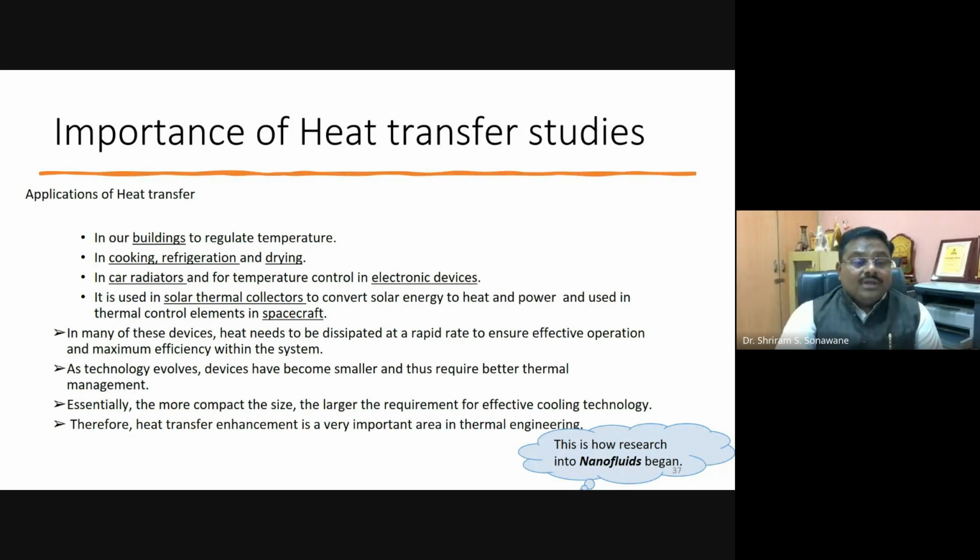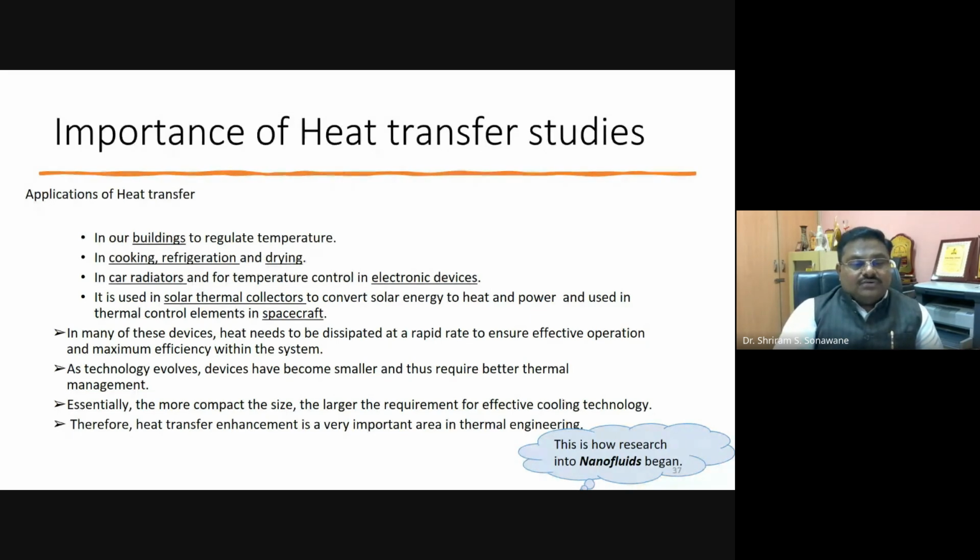It is also used in solar thermal collectors to convert solar energy to heat and power, and in thermal control elements in aircraft. In many of these devices, heat needs to be dissipated at a rapid rate to ensure effective operation and maximum efficiency within the system.